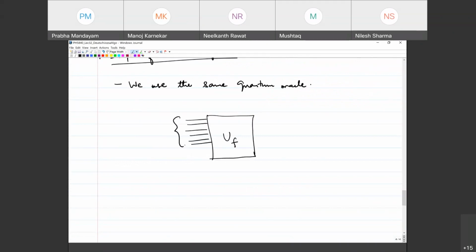Now, how many qubits do I have here? So this is an n-qubit input, okay? Because I need to have a way of computing f of x for all 2 to the n classical bit strings, right? Which means in the quantum case, this translates to having 2 to the n orthogonal quantum states.